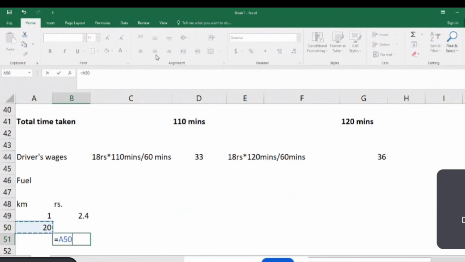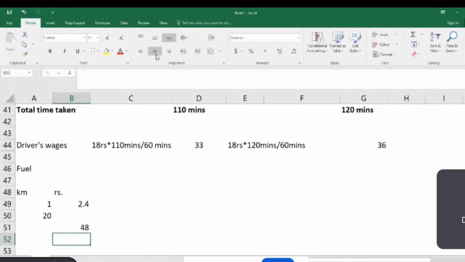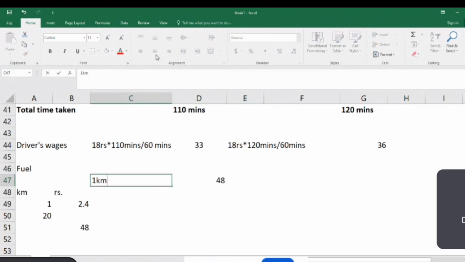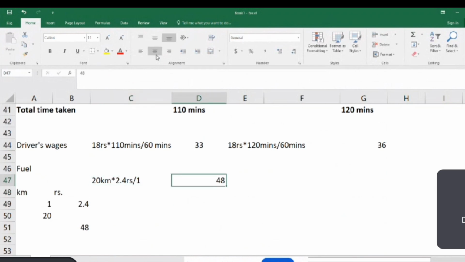Equal to 20 multiplied by 2.4 divided by 1. You will be getting 48 rupees. How are we getting this 48? 20 kilometers into 2.4 rupees divided by 1 kilometer. Okay, you are getting 48 rupees.